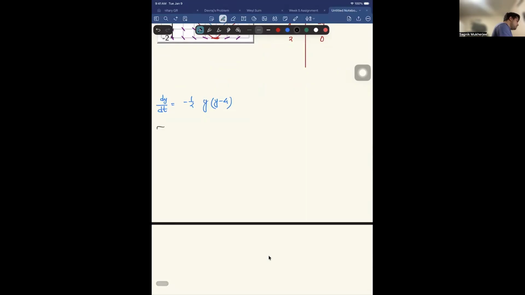So notice that the constant function y equals 0 is a solution.